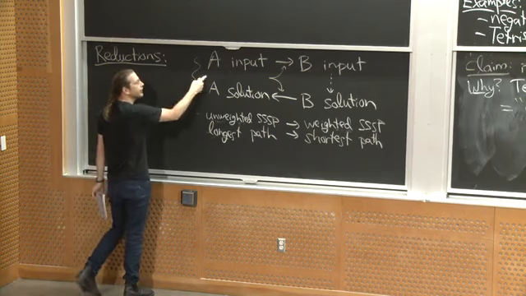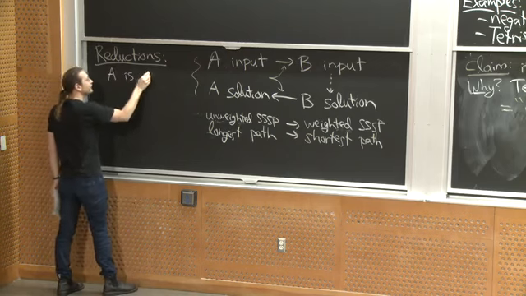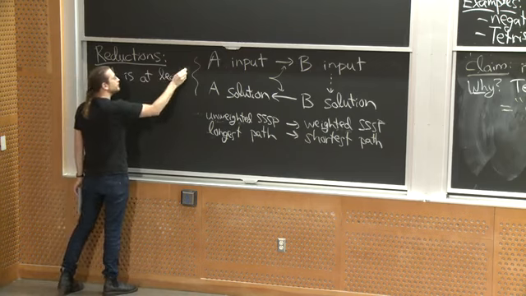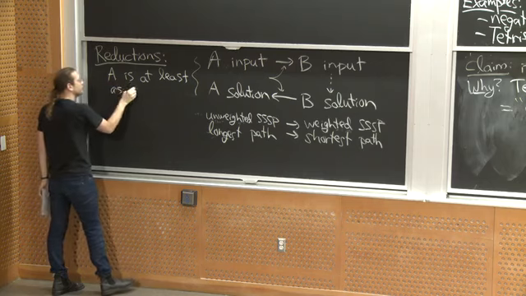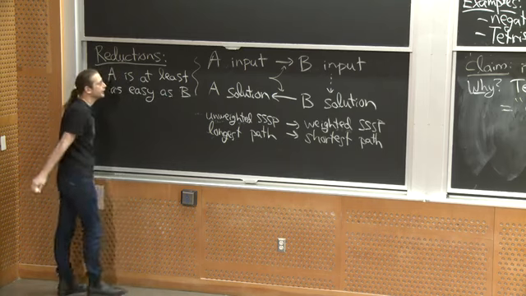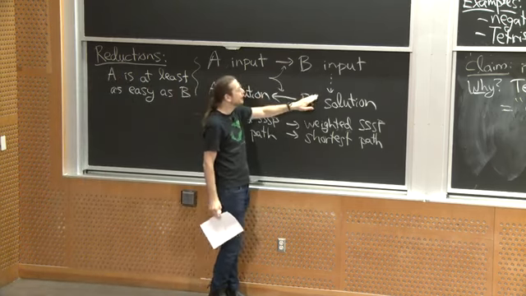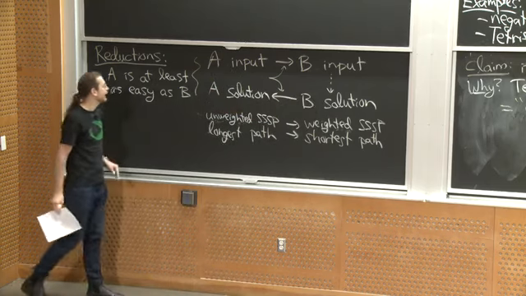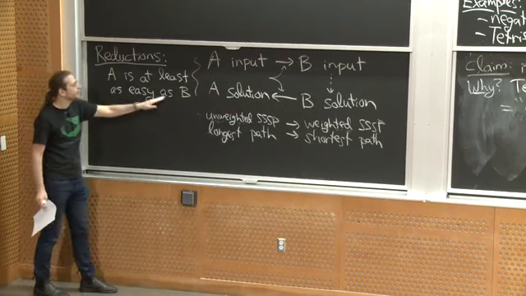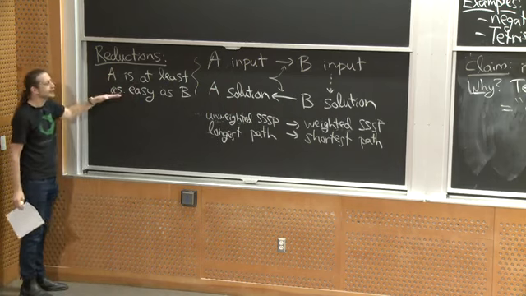If you can find a reduction like this, it means that solving A is at least as easy as solving B, right? Because I could solve A, in particular, by converting it into B, solving B, and then converting it back to a solution to A. So in other words, if I can solve B, I can solve A, which I can phrase informally as A is at least as easy as B.